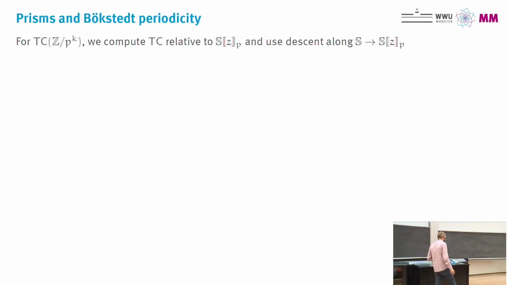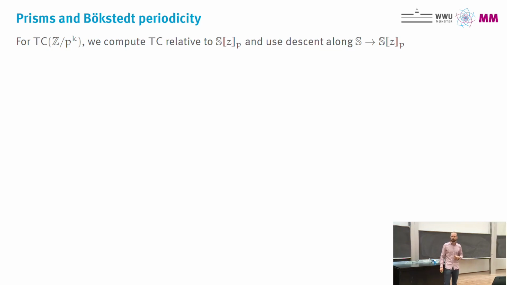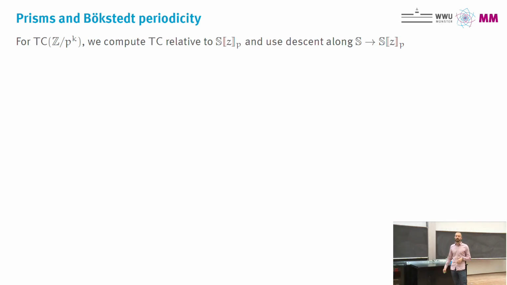The idea, which we stole from what people did in p-adic Hodge theory, is to work relative to a uniformizer, relative to p. So we work relative to a variant of the sphere spectrum, a spherical polynomial ring, where you adjoin a polynomial or power series variable to the sphere, and then you compute a relative version of TC relative to that, and then you descend along the map from the sphere to the spherical polynomial ring. So that's what we actually do.